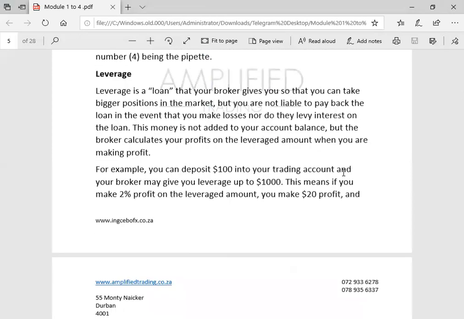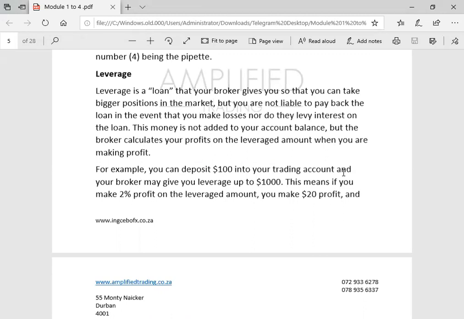Apologies about that. Now the leverage is a loan that your broker gives to you, so you can actually take bigger positions within the market. So, for example, if you choose a leverage of 1:100, that means for every single dollar that you have in your account, the broker will give you 100 US dollars.